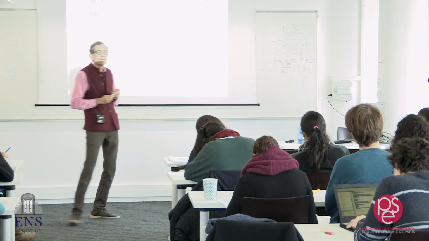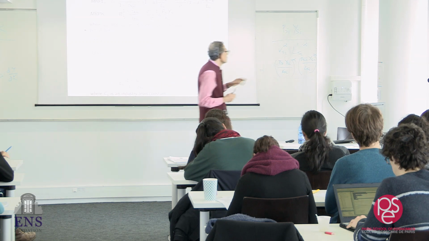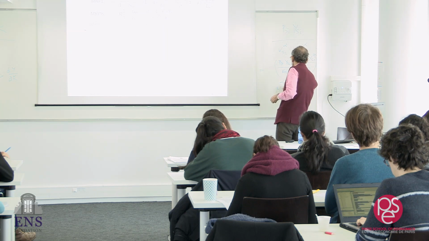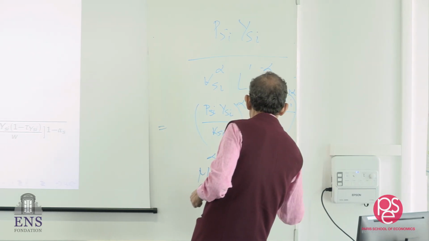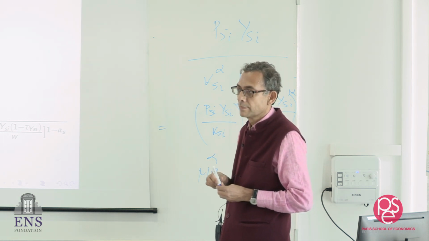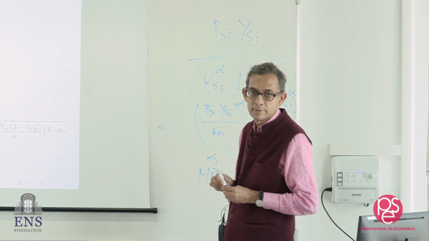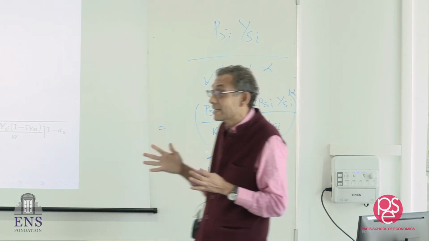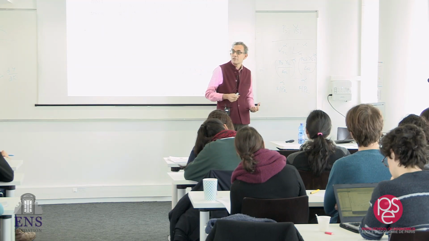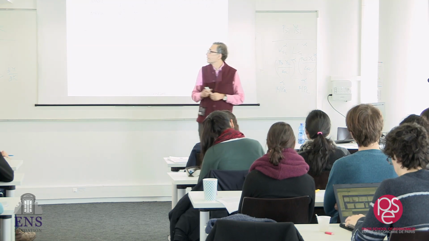That tells you that if there is no distortion, and we know that this is proportional to the marginal product of capital, and this is proportional to the marginal product of labor. Yes? But then we know basically that if the marginal products were equal in every firm, what can I say about this number, TFPR?